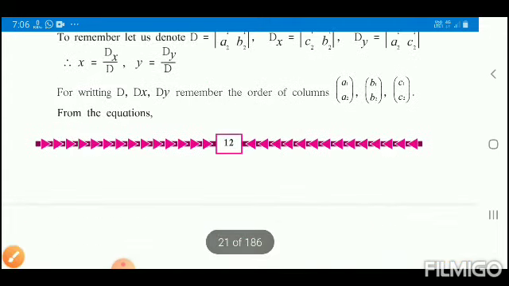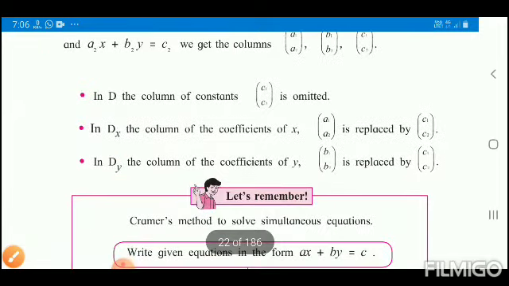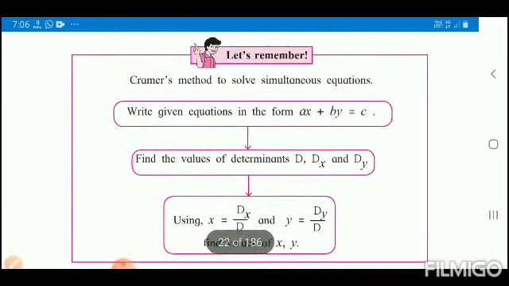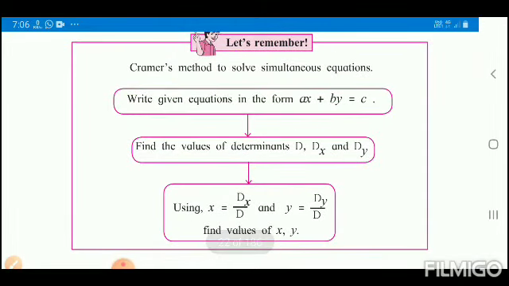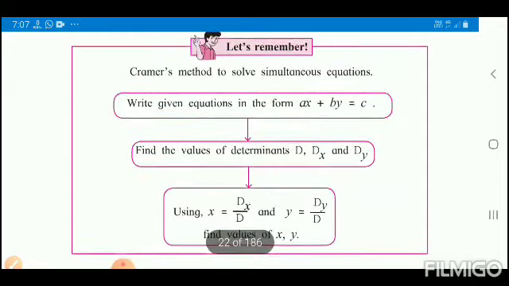Now we will remember these things again. Let us remember Cramer's method to solve simultaneous equations. Otherwise, in place of Cramer's method, they can give the determinant method also. So both Cramer's method as well as determinant method are the same.